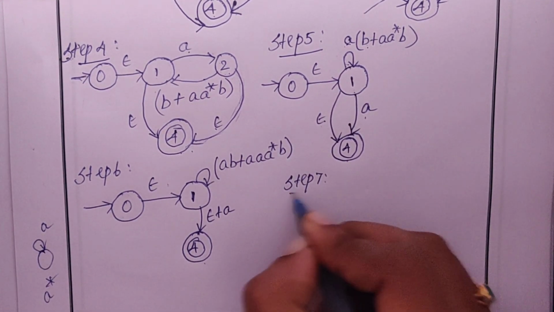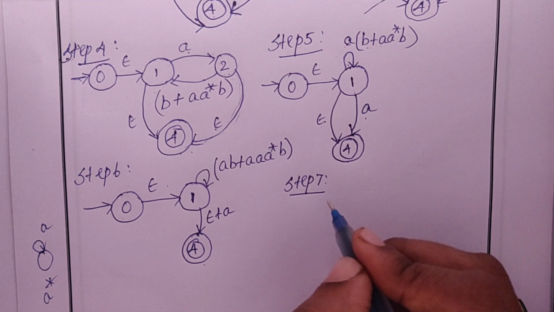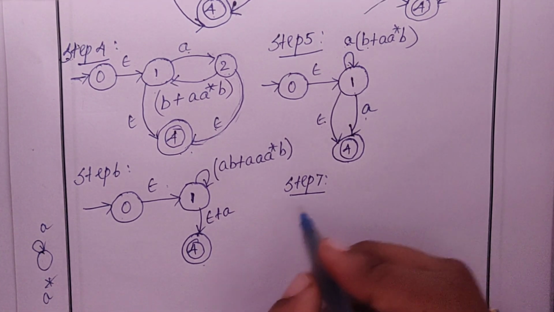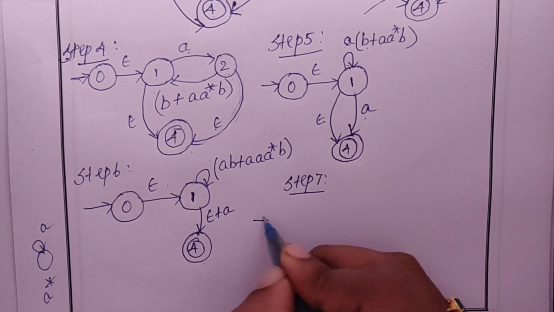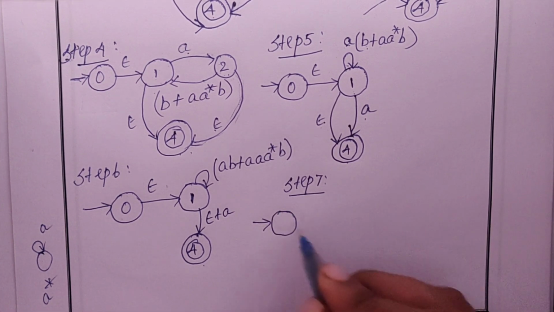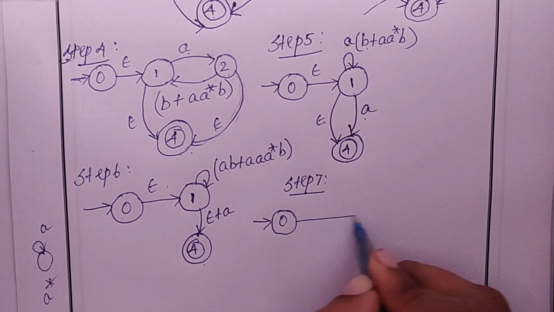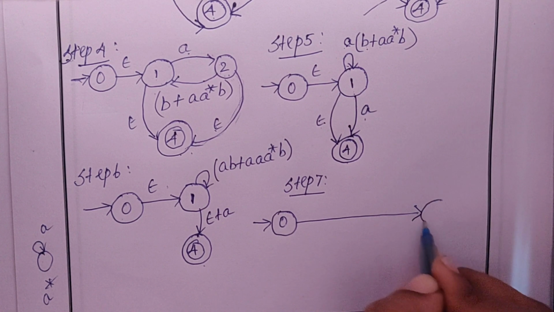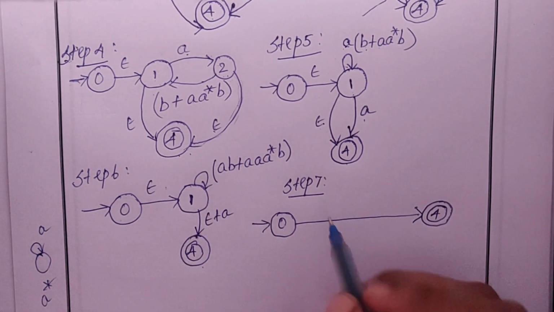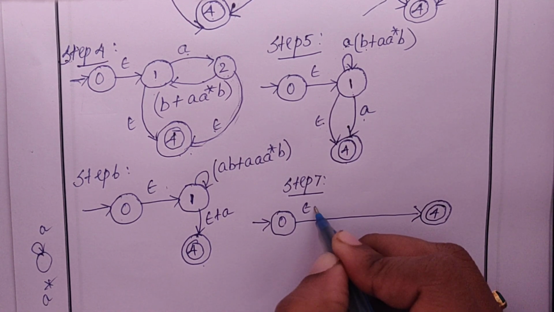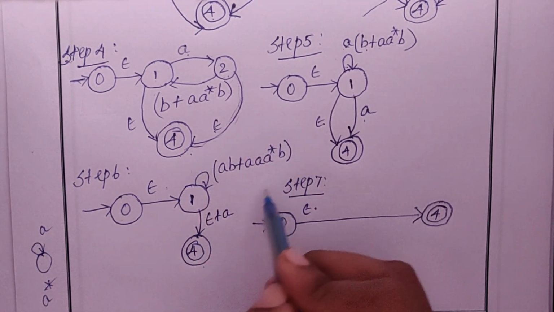Step 7, it is start state. It is connected to final state. Which is my final state? Just the concatenation, right? So epsilon into, how to write this regular expression?